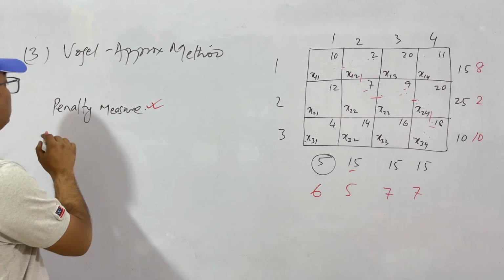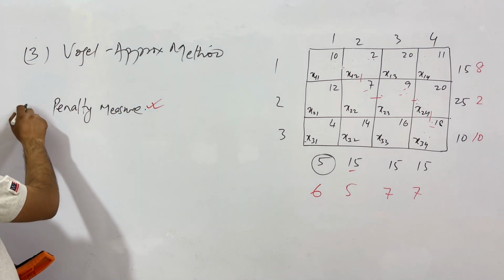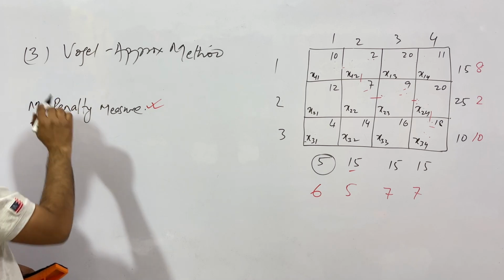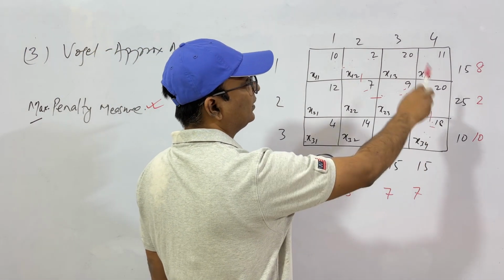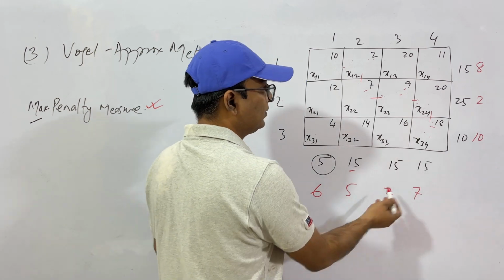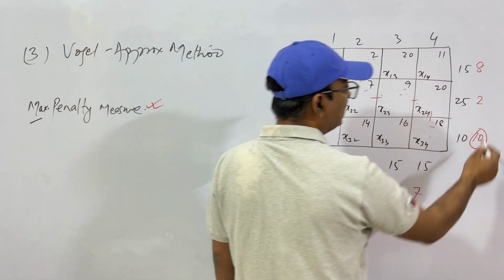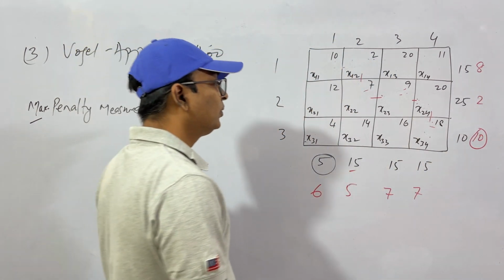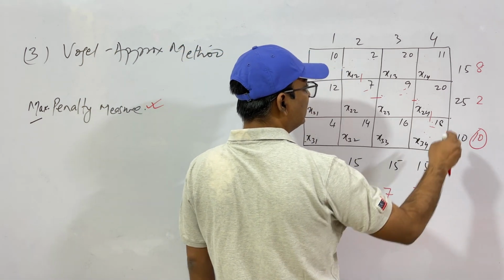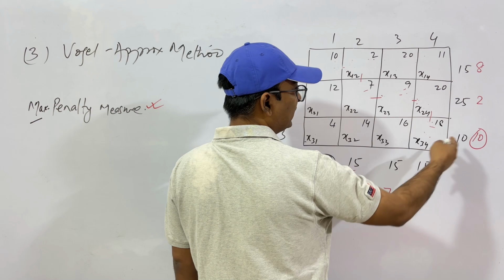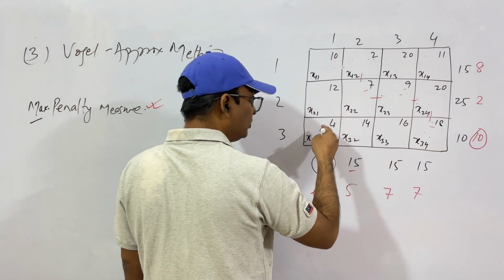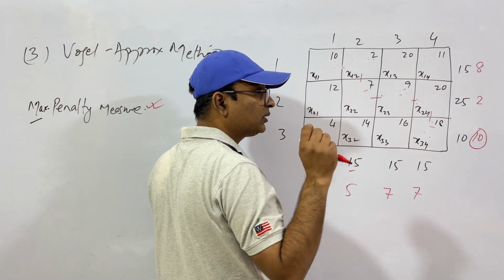Which is the greatest or maximum penalty measure? Out of all these, see: 6, 5, 7, 7, 10, 2, 8. This is the maximum, 10. So the row or column which has the maximum penalty measure, here we have a row. In that row, which cell has the lowest per unit cost?